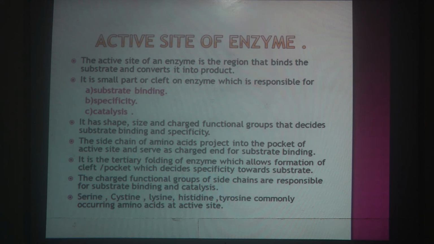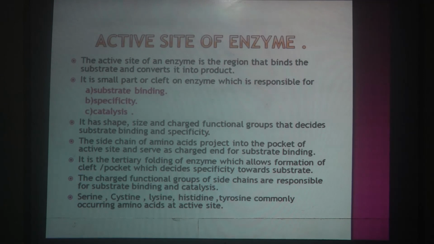It has a shape, size and charged functional groups that decide substrate binding and specificity. The active site has a particular shape and size, and has a charge because of the presence of charged amino acids. The side chains of amino acids project into the pocket of the active site and serve as a charged end for substrate binding.